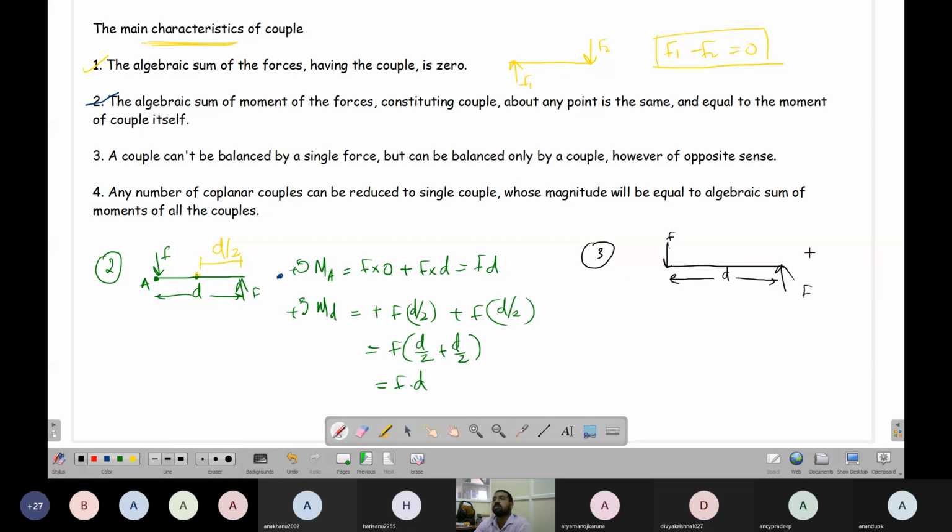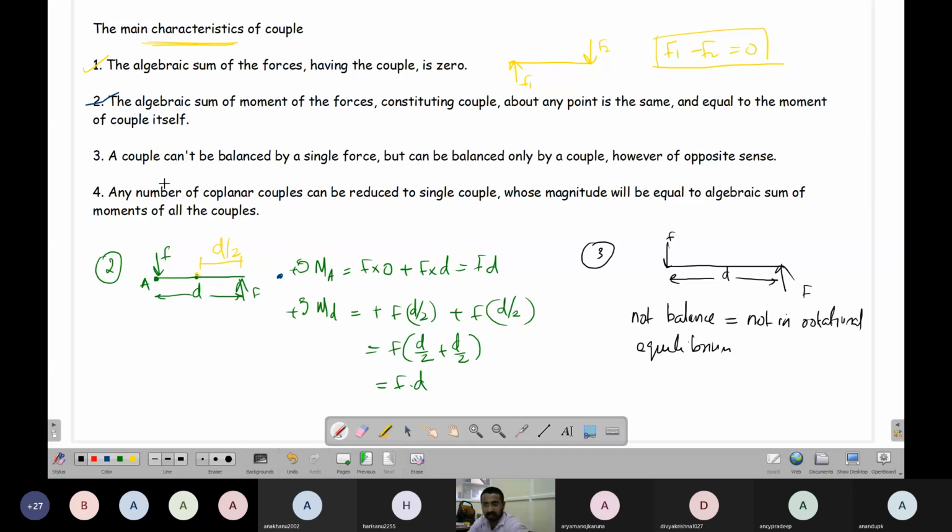If it is balanced, it is not in rotation, meaning rotational equilibrium.